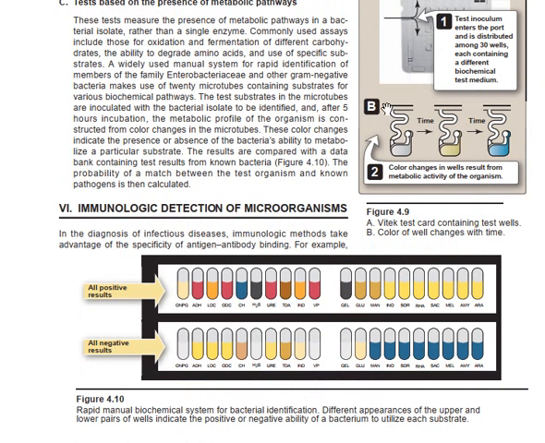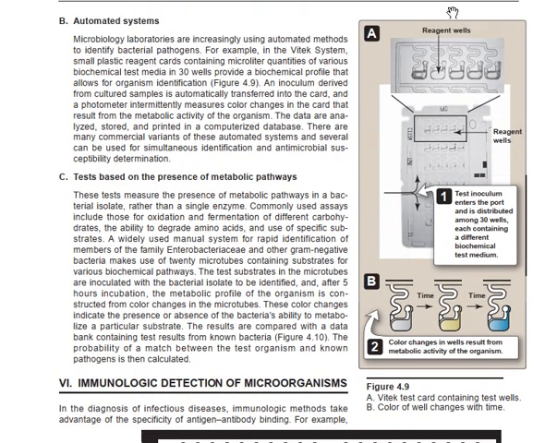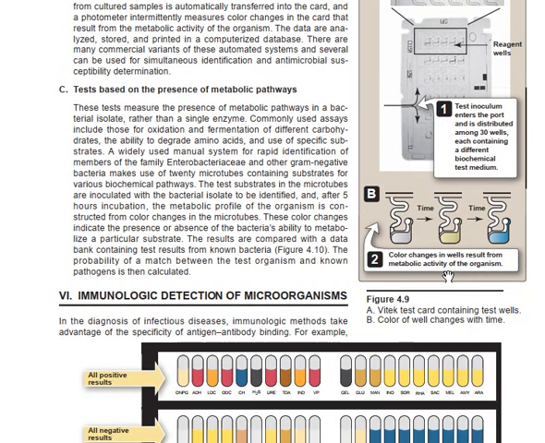Now you have other tests again. You have the VITEK test card containing the test wells, and the color of the wells changes with time. You can place the reagent inside the different wells. The test inoculum enters the port and is distributed among 30 wells, each containing a different biochemical substance, and you have the different times.